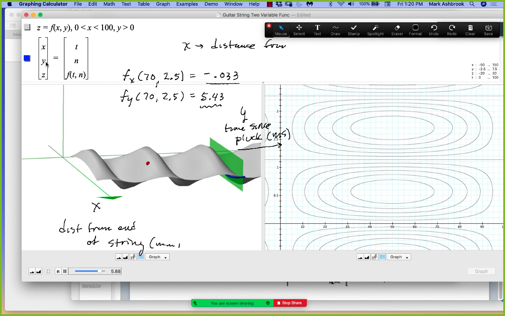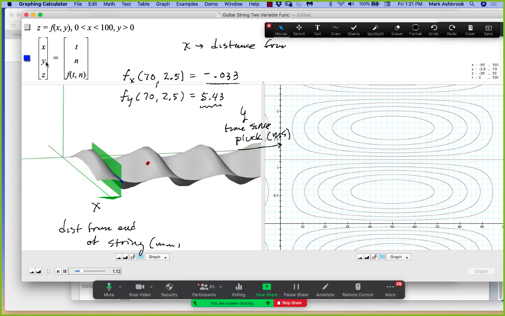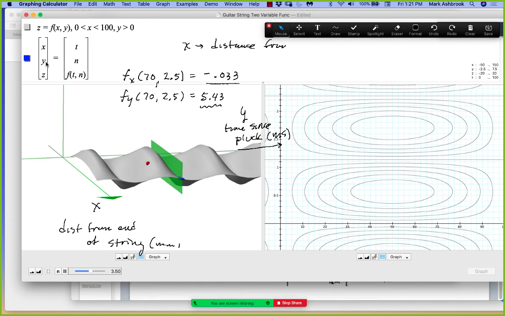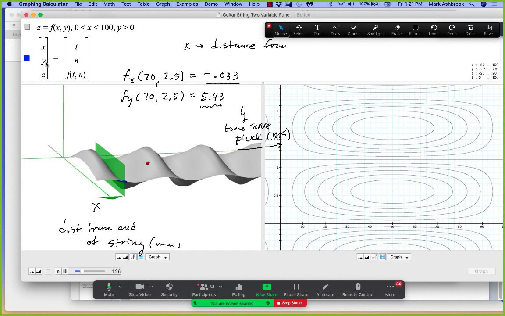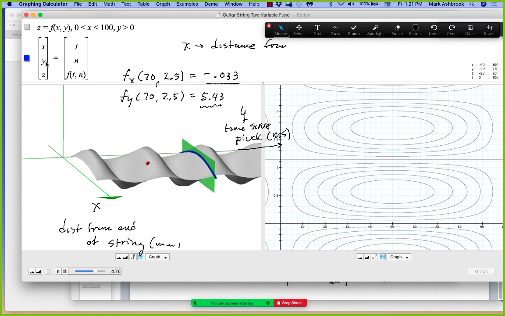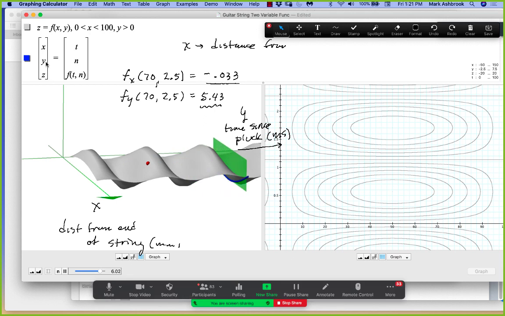That's the guitar string vibrating up and down as time goes by. Now it's greatly exaggerated and greatly slowed down. Your x coordinate is distance down the string, and the green plane is different moments in time. Time is increasing, and this is the guitar string actually vibrating, shown by this sweep of traces on that surface.